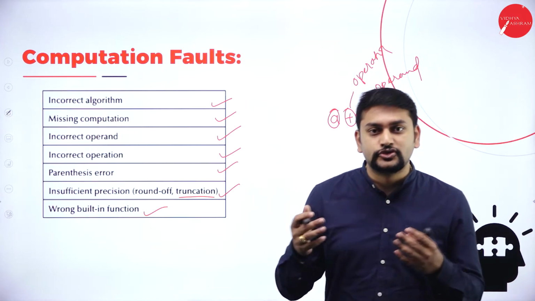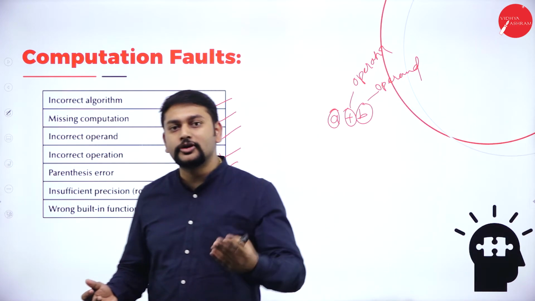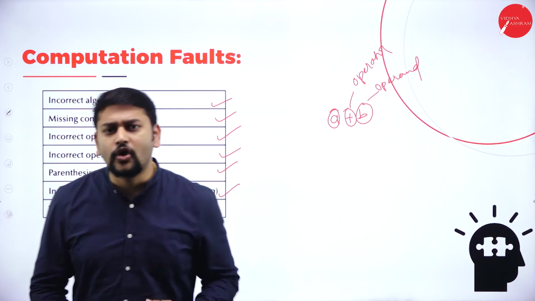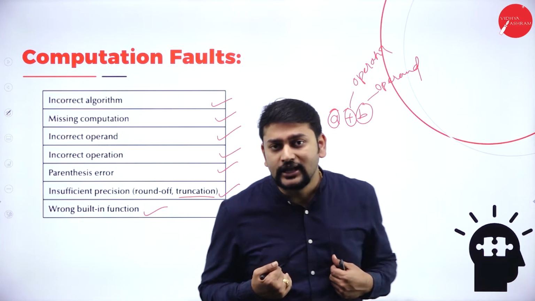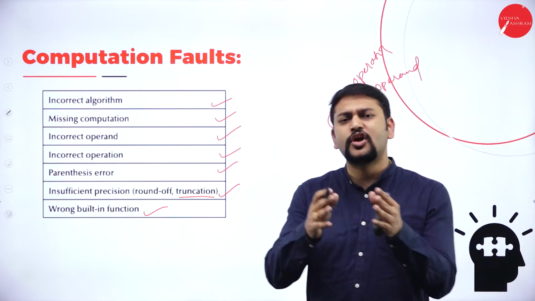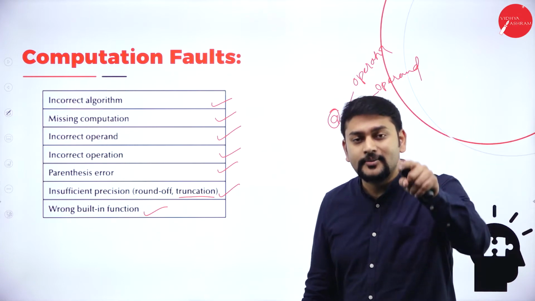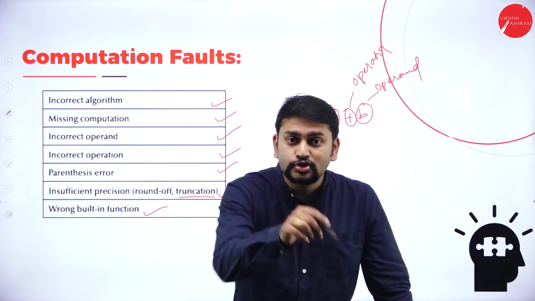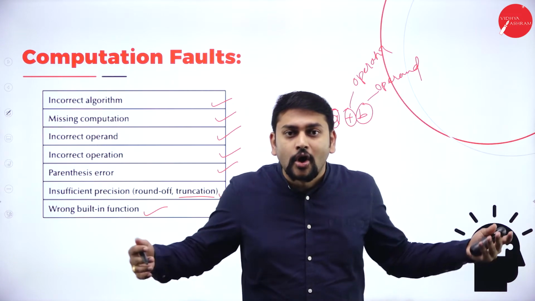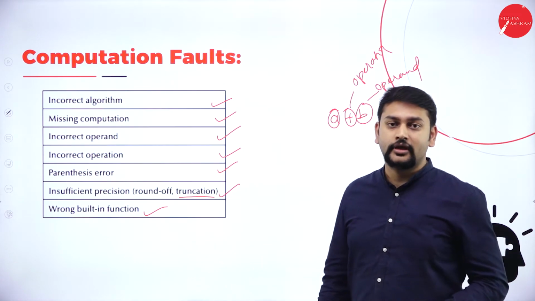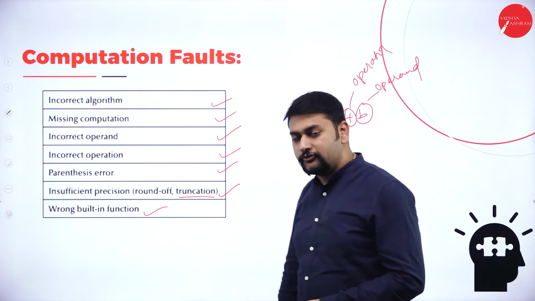I have square root, I have max, I have ceil, floor. Already you would have come across all these functions. What do you call these? All these are built-in functions. I don't have to write any code for that. It is already there in the standard library. I'm just using it. But when it comes to built-in functions, if there is any mistake in that built-in function, obviously I will end up with a mistake. So that is what you need to remember. And that covers the computational faults.